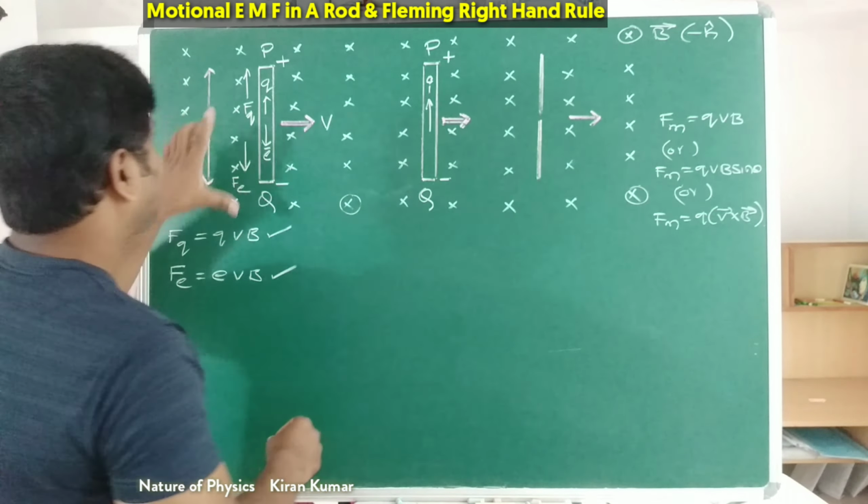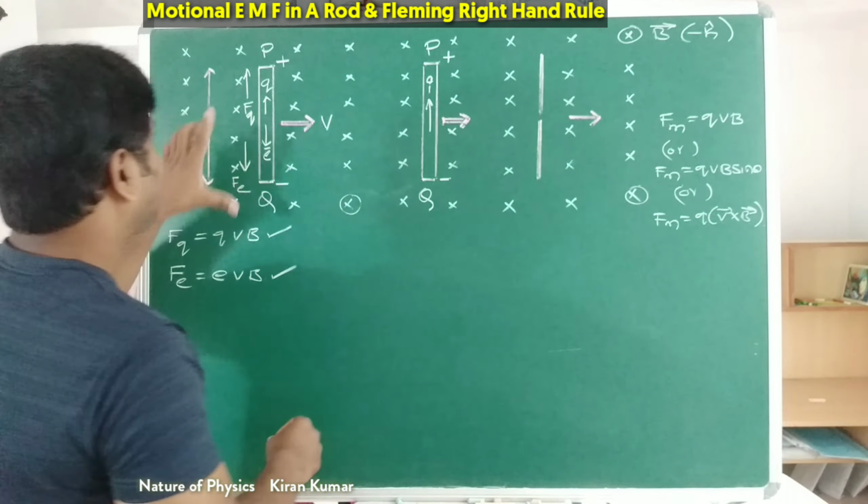So Fe is equal to Fm, and replacing the values, Fe is eE and Fm is eVB. The e gets cancelled. We get E is equal to V into B, taken as equation number 2.